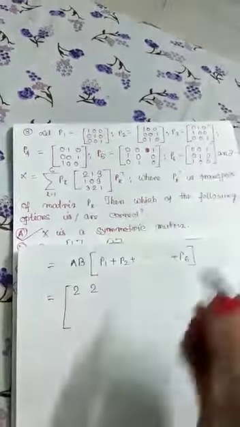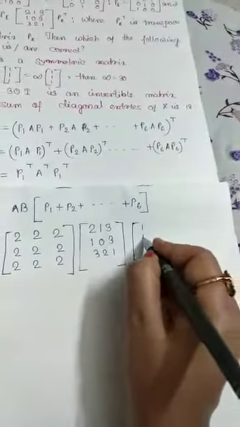Then our A is given. A is 2, 1, 3, 1, 0, 3, 3, 2, 1. Therefore, multiplying with 2, 1, 3, 1, 0, 3, 3, 2, 1. Now B is equal to 1, 1, 1.